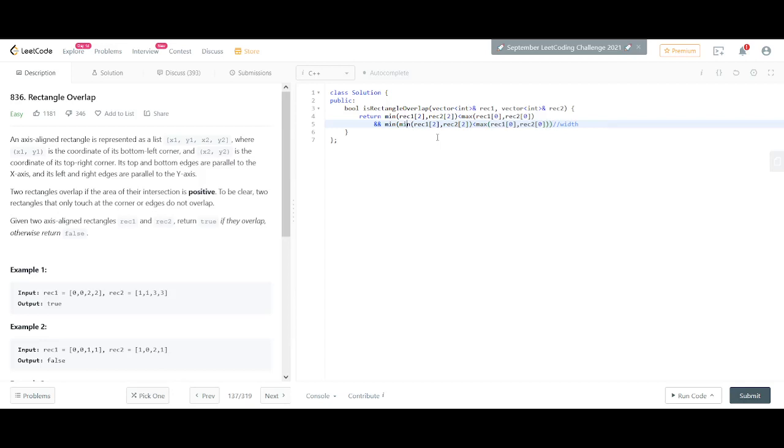So for width and height, this is 1, this is 1, this is 3, this is 3, and we can simply run it. Okay, there's a problem happening, and return minimum of.